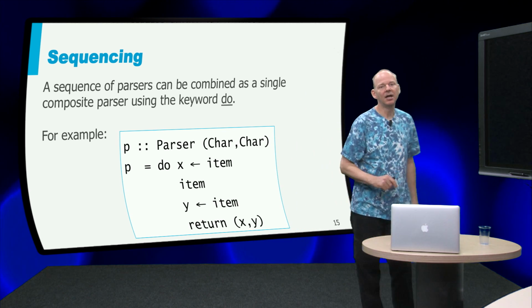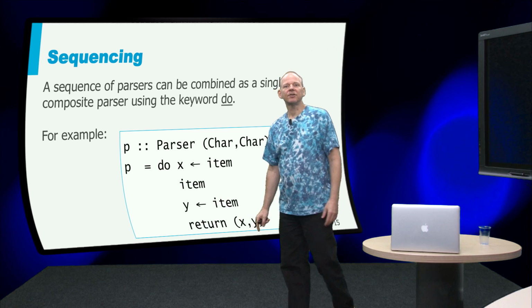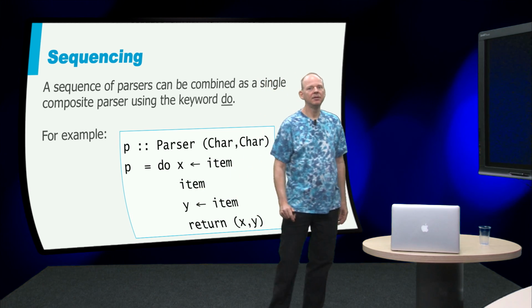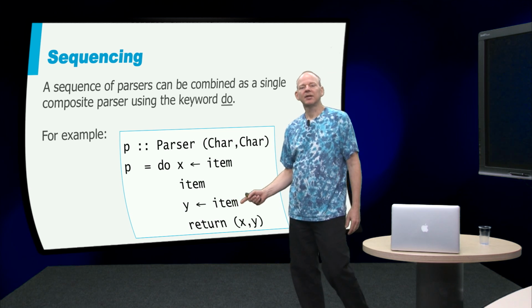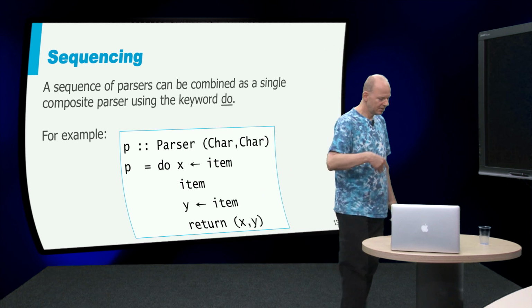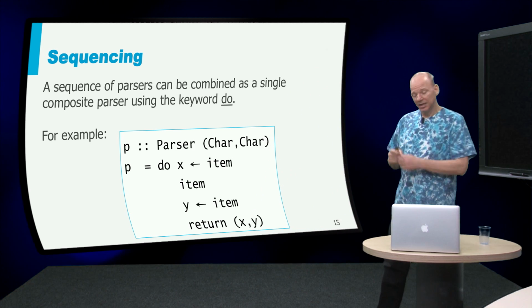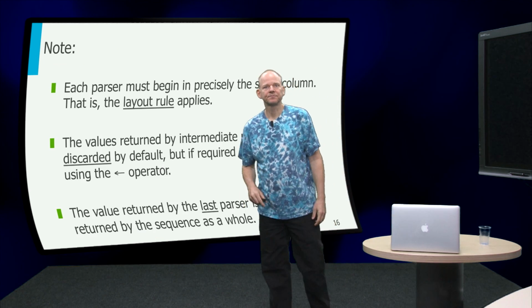I don't care about that one, so I don't give it a name. Then parse a third item, call that Y, and then return the pair X, Y. So what you see here is that we're sequencing these three parsers of items, and we're just returning the first and the last.